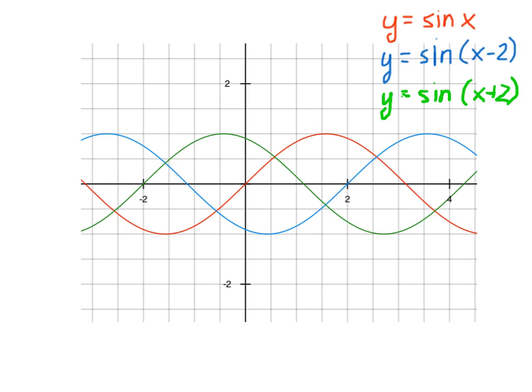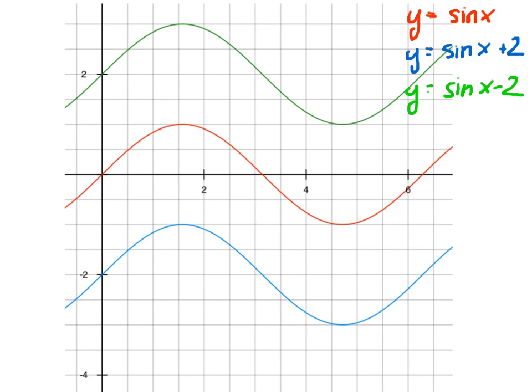Okay, one more set of curves to look at. Alright, last set, we have y equals sine of x in red again. And now for the blue we have y equals sine of x plus 2. Looks like the same function in the last set of graphs. However, there's no set of parentheses here.